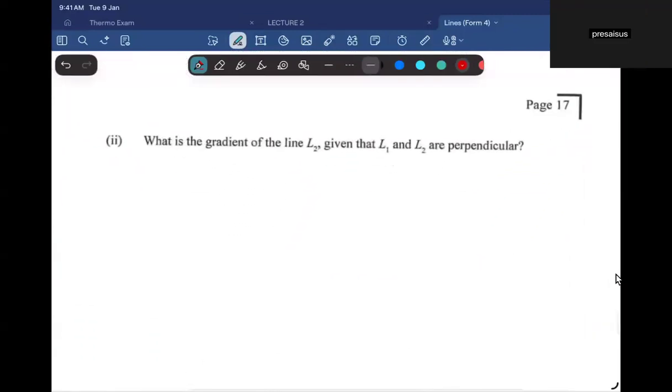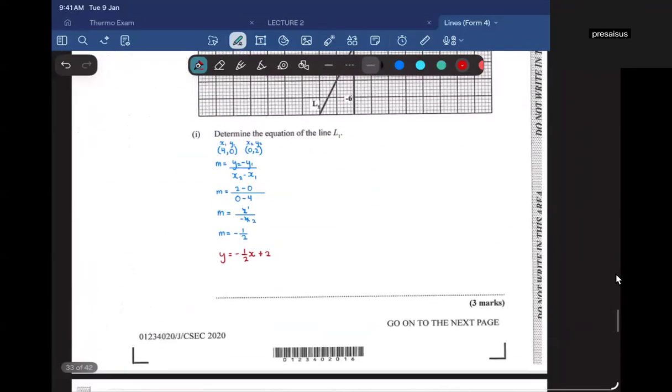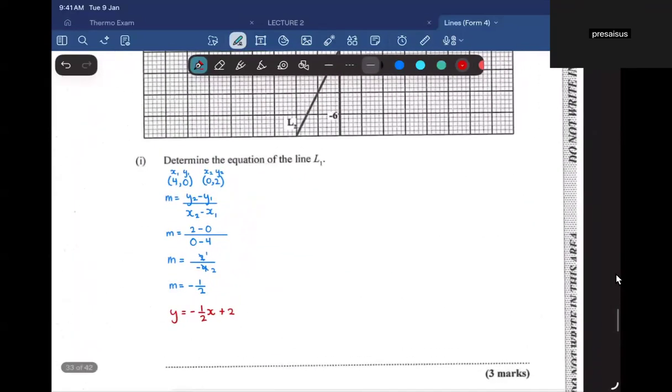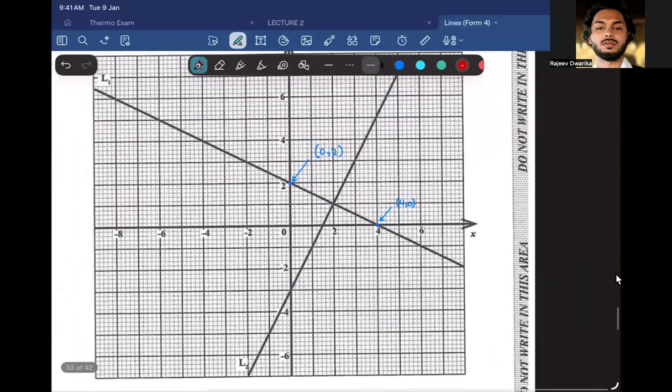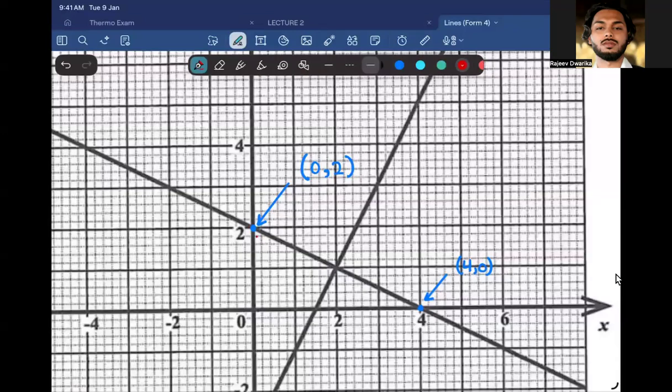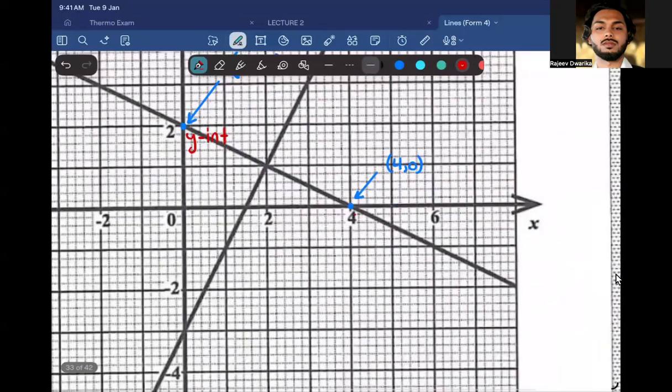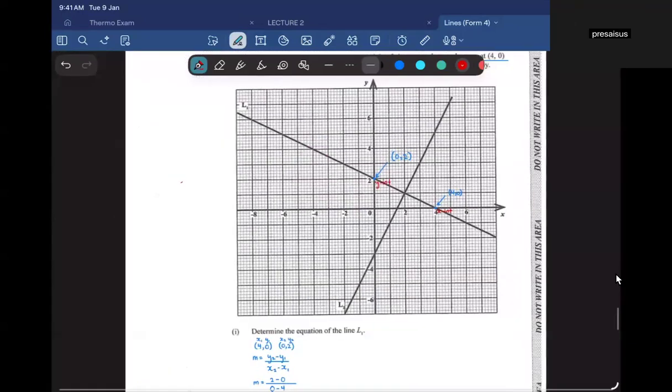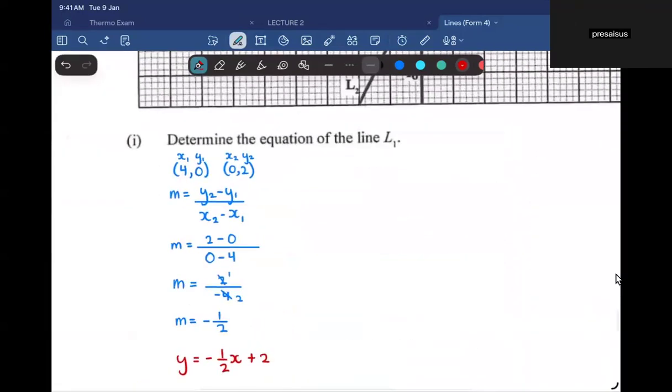Why did you do all that work in order to find the intercept? They give you the y-intercept. This is the y-intercept, and this is the x-intercept. I think I did it because I didn't want to overthink my answer. But by doing that, you overthink it.